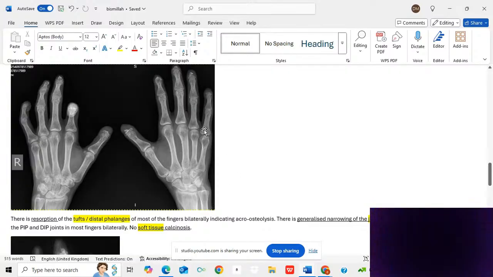In between is normal. Look here, this is normal. This is a characteristic finding of arthropathy of scleroderma.